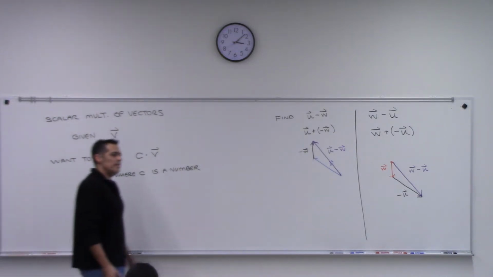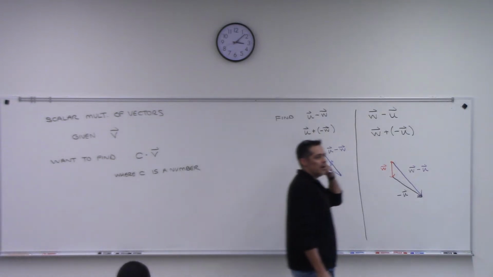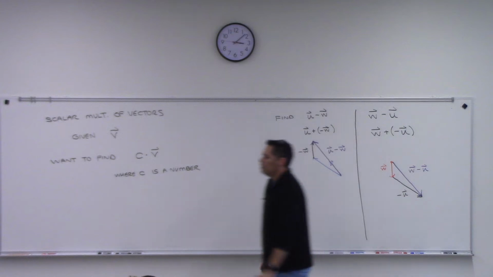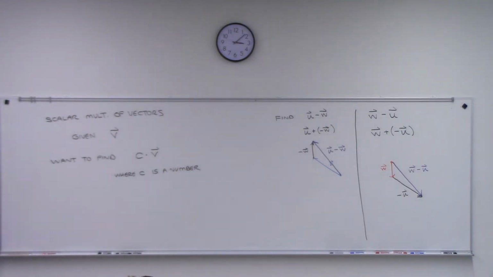If you look at the TV screen over there, we have a vector v here, which is the black vector under the red vector.